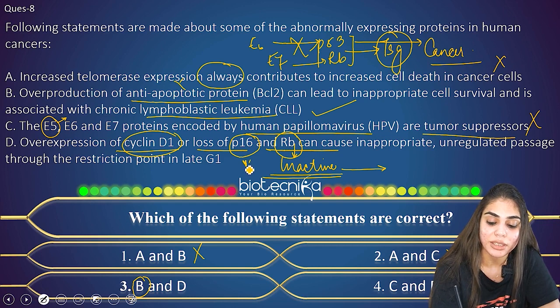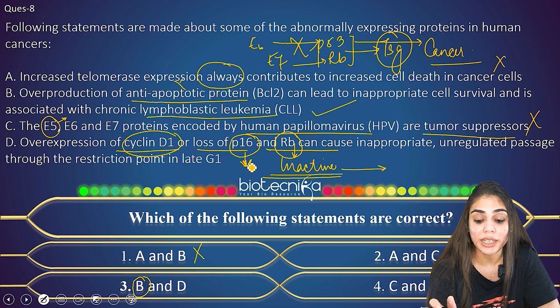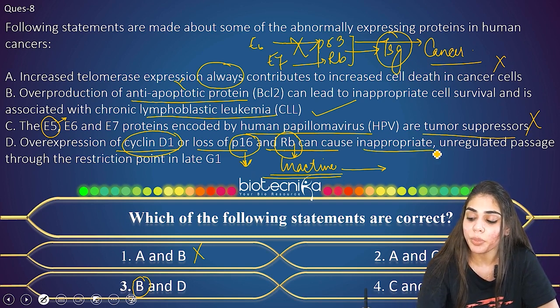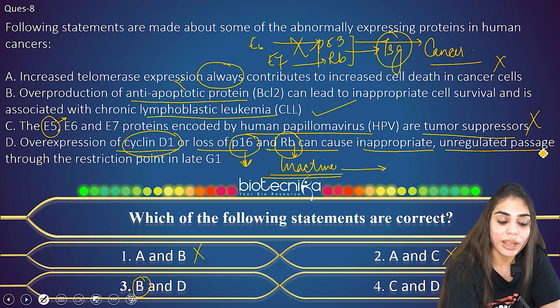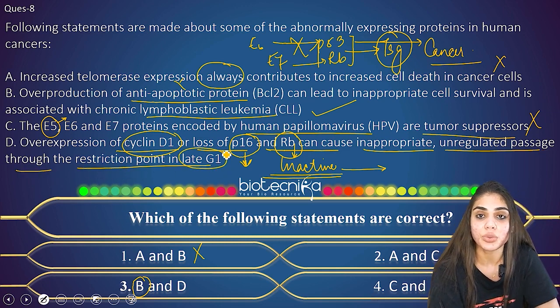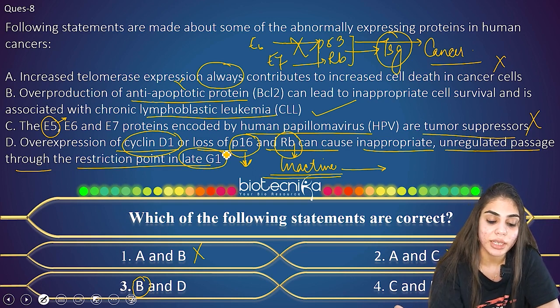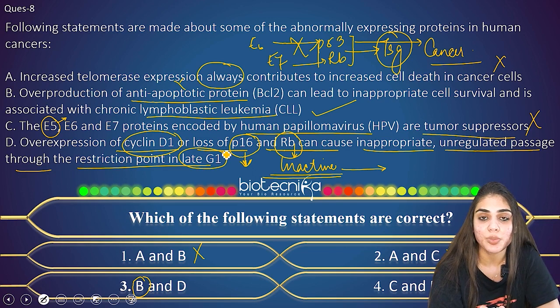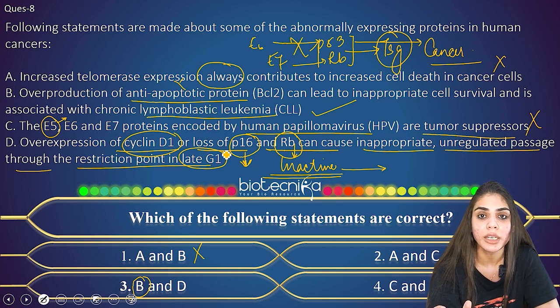This is a specific protein that is inhibiting cyclin D1. But here there is a loss of function of p16, which causes inappropriate, unregulated passage through the restriction point in G1 that will lead to cancer and any kind of serious illness. So there will be an overexpression of cyclin D1 when there is a loss of p16. So this statement is the right statement, because if p16 is not there, cyclin D1 will be overexpressed.